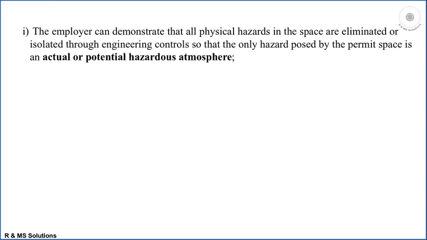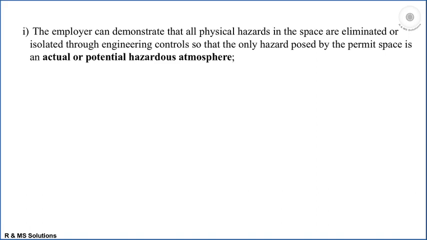Now, the only hazard that is allowed in an alternate entry is an actual or potential hazardous atmosphere. Obviously, if it's an actual hazardous atmosphere, then you'd have to use ventilation in order to remove that hazard. If you cannot, of course, then it becomes a permit required confined space.